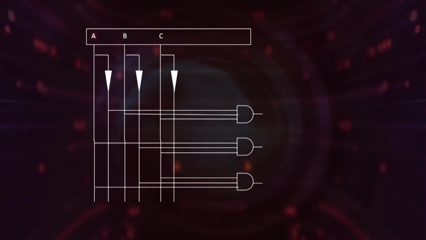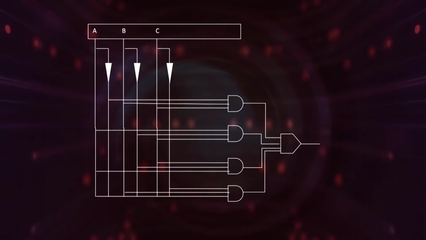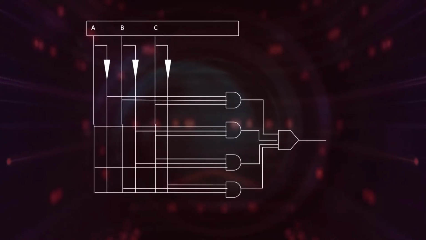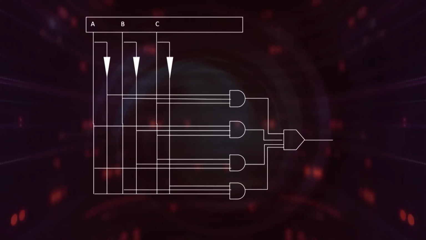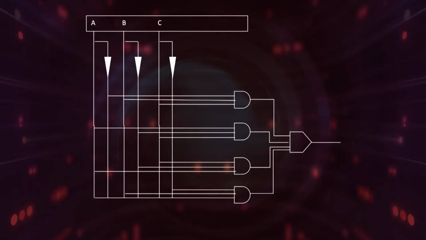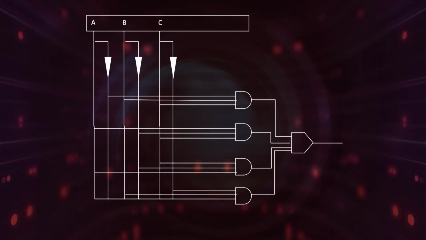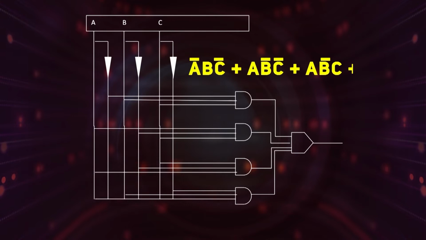Connect each AND gate with corresponding inputs. After that, we have to connect all the outputs from the AND gates with an OR gate to get the final expression. It is the logic diagram for the function A complement B C complement plus A B complement C complement plus A B complement C plus A B C complement.